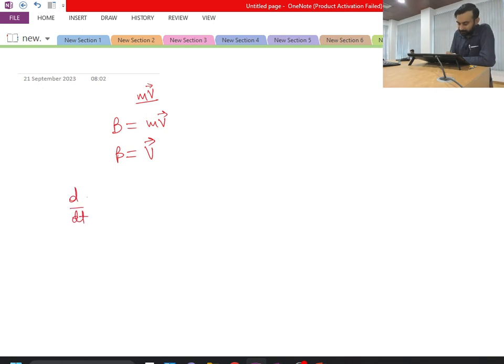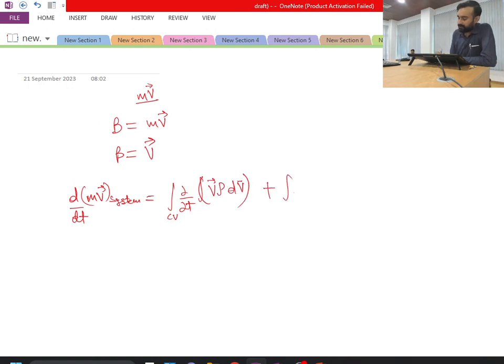Now if I apply the Reynolds transport theorem to this property, then I will be getting d by dt of m into v vector of the system, which will become equal to the integral over the control volume of del by del t, because I am considering that I have a fixed control volume, of v vector rho times dV, plus I will be having the control surface integral of v vector rho (v vector dot n cap) dA.